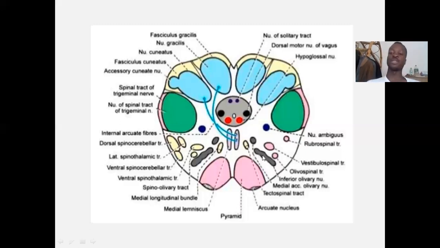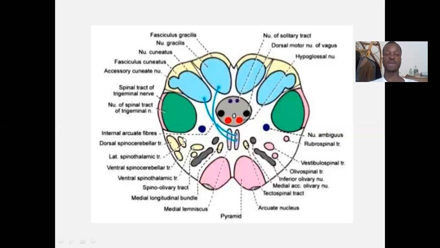That central tegmental tract will not only carry descending fibers, it will also carry some ascending fibers coming from the nucleus of tractus solitarius that are subserving taste. Right? Then these are still your spinocerebellar tracts, the dorsal one and your ventral spinocerebellar tract. Then this is still the spinothalamic tract, right?